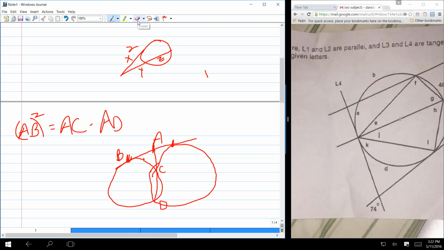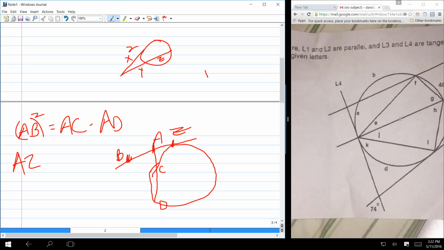Well, now watch what happens when I erase the little circle. Now I have this tangent line. So this measurement right here between that midpoint and this tangent point, we'll call it AZ. AZ squared equals AC times AD.